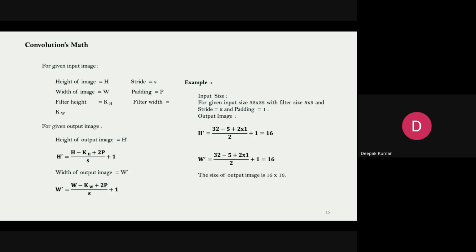So the final dimension would be 16 by 16. And similarly on the width, it's a similar formula because it is a symmetric operation. So we will finally get a 16 by 16 image output.